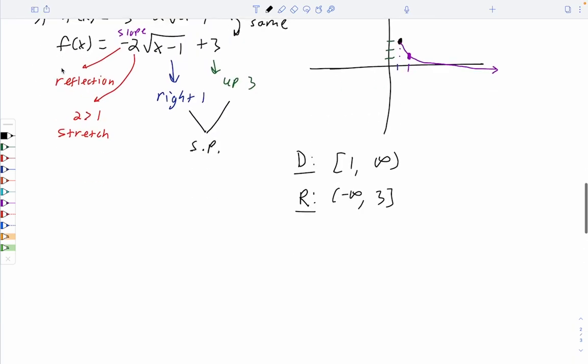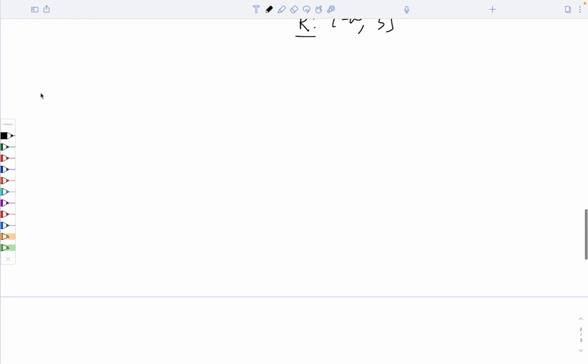Okay, the last kind of question I'm going to ask on the assignment is not graphing it, but just identifying transformations and writing equations from it. So the last example here is, let's say I give you transformations of down 4 and right 2. Can you write a square root equation that has them?